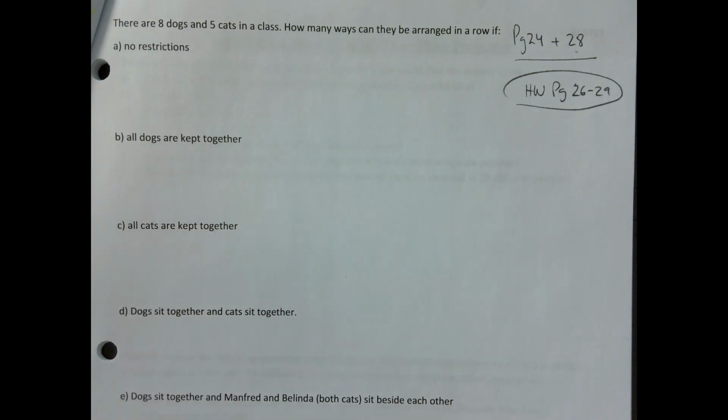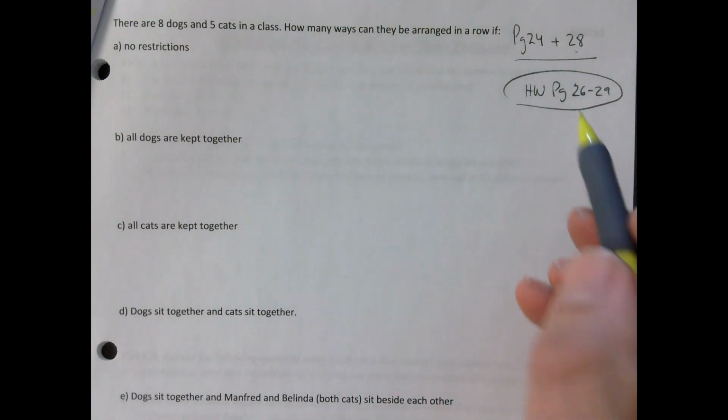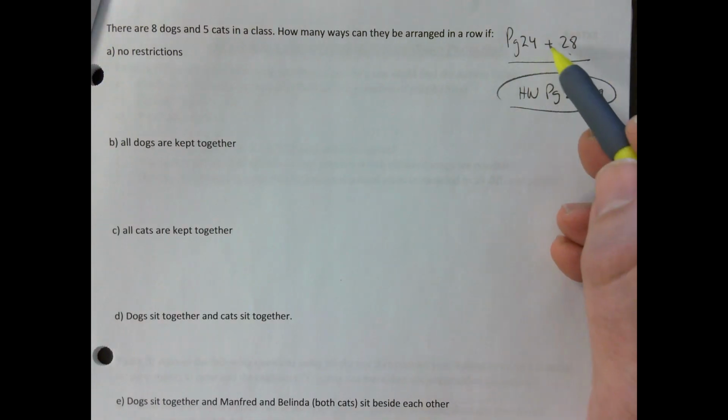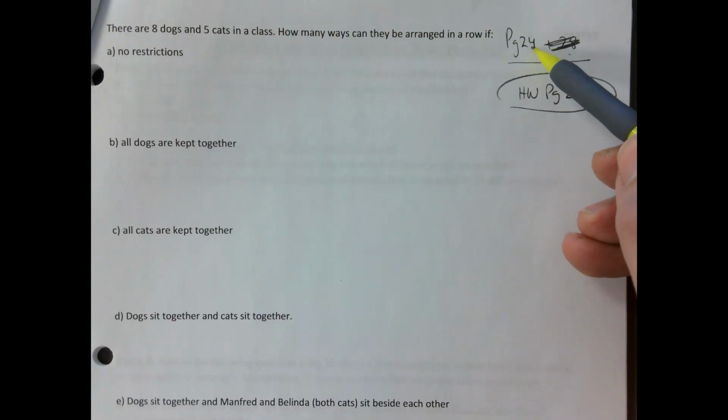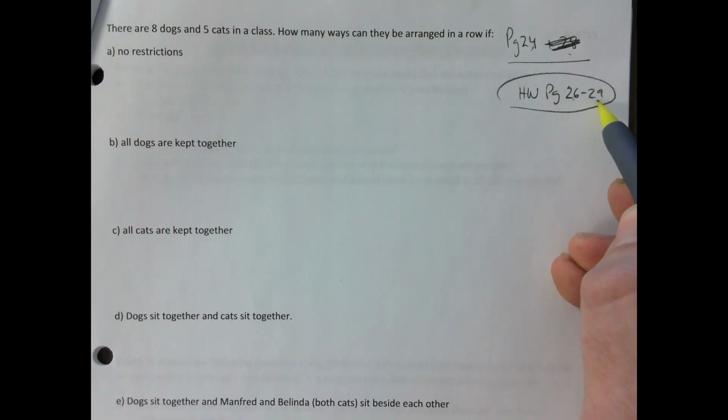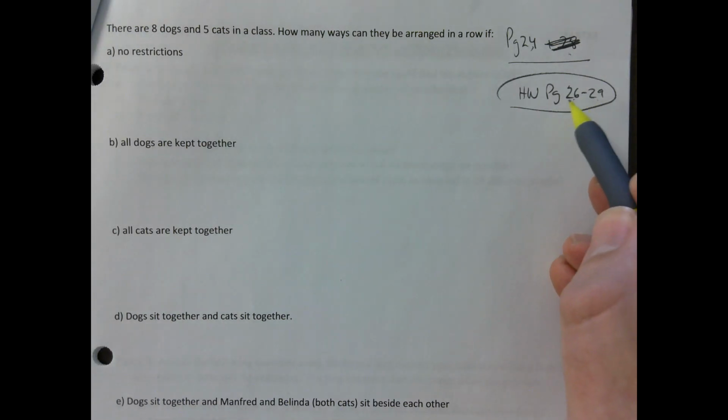Okay. I'm just going to close with this. I appreciate you working on this. So I said 24 to 28, right? I want you to finish 24, this page, and then 26 to 29, I already assigned that yesterday. I started you off in 26, I think.